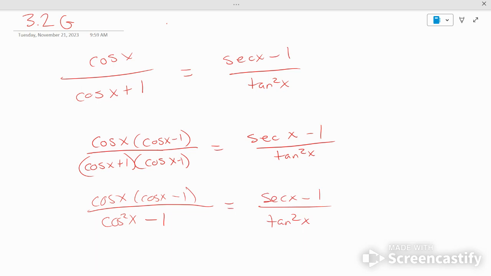What's cosine squared of x minus 1 equal to? Negative sine squared of x, right?